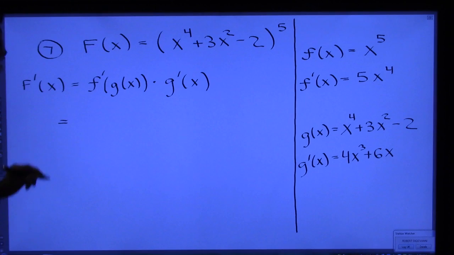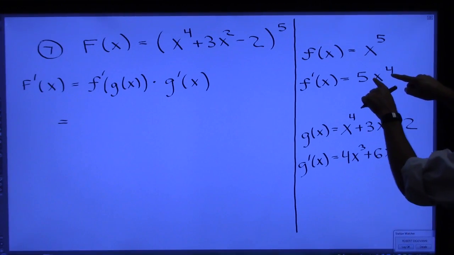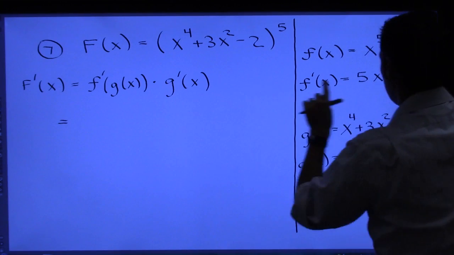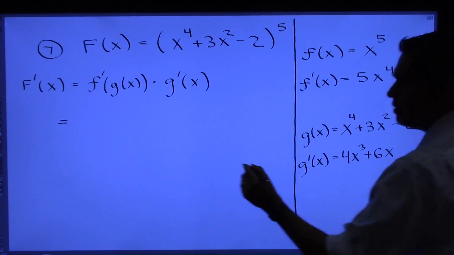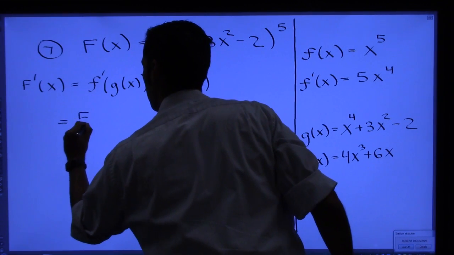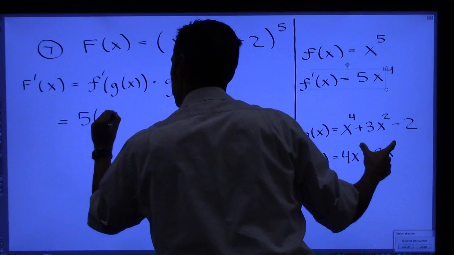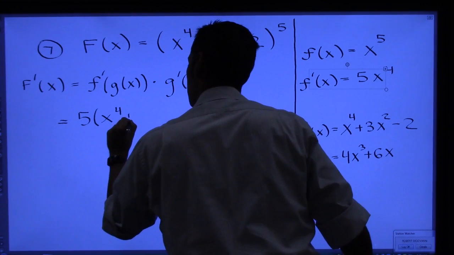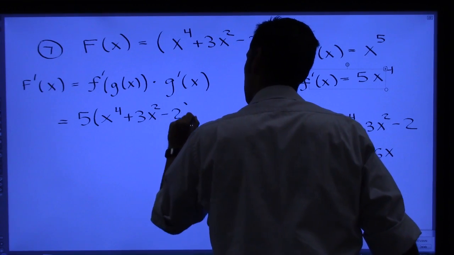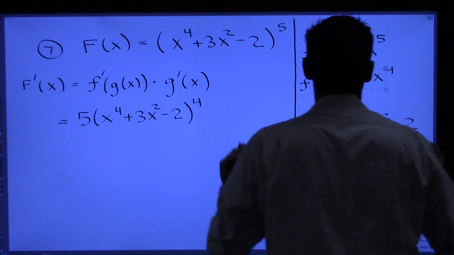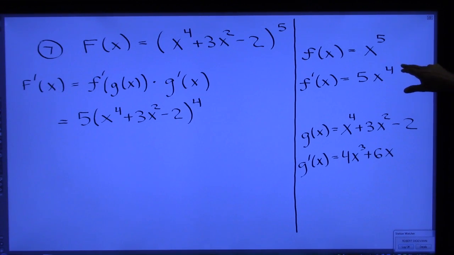And the derivative of f was this, but we're going to plug into it g. So I'm going to replace that x with all of g. So I'm going to have a 5 in front. Now this is going to be g, so it's going to be all of this, x to the 4th plus 3x squared minus 2, all of that to the 4th power. So there's your 5, and then g's right there, and then to the 4th.